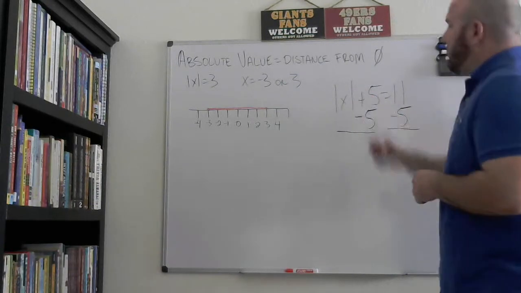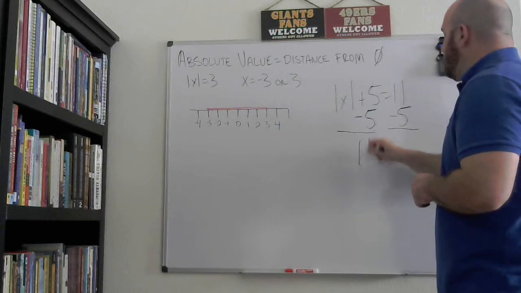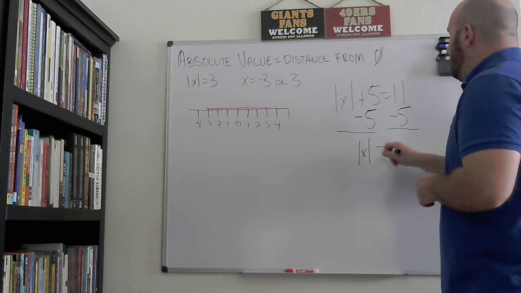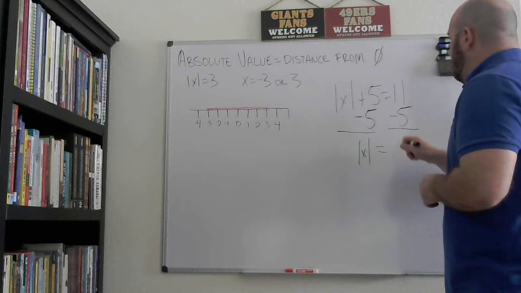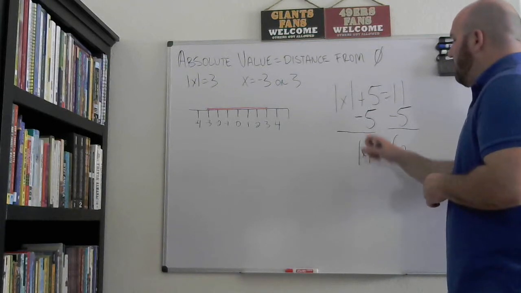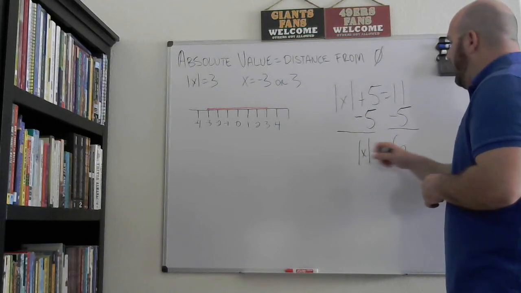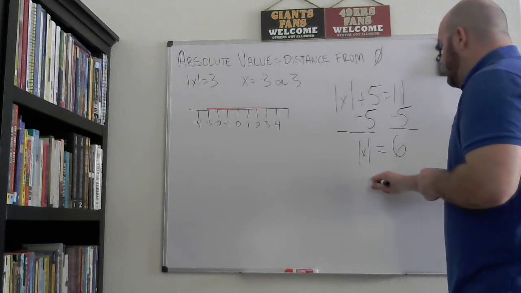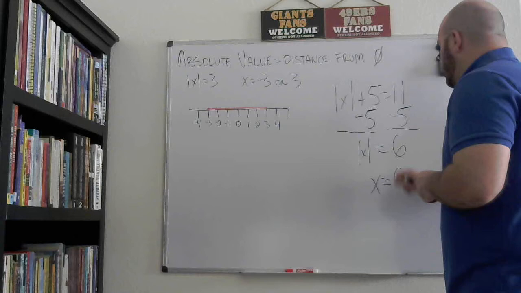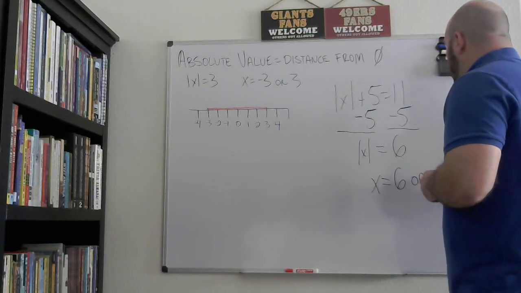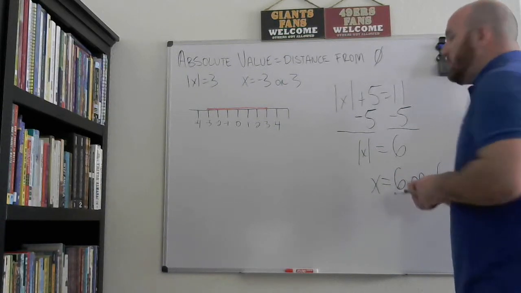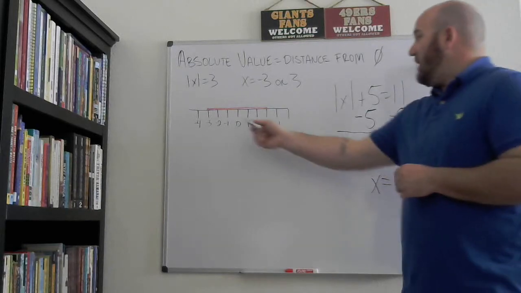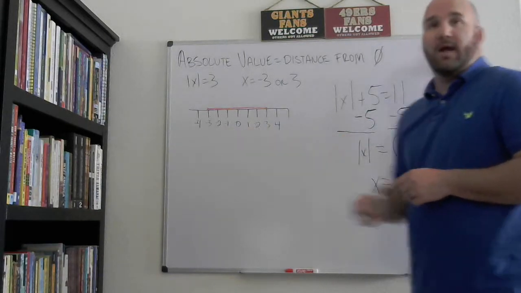So the absolute value of x plus 5 minus 5 leaves us with the absolute value of x, and then 11 minus 5 equals 6. So now we know that the absolute value of x is 6. So if the absolute value of x is 6, then we know that x equals 6 or -6. Because again, we can go either direction on the number line, positive or negative.